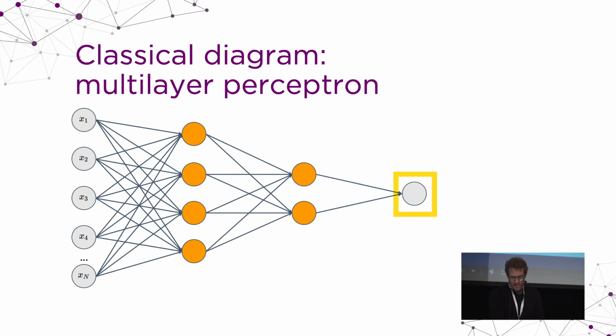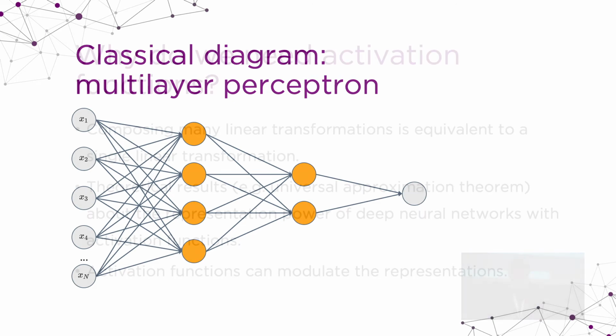And at the end, I have only one neuron to predict, as an example, if it's a chair or not, by combining these 2 values. So this is a multi-layer perceptron. It's one of the most famous artificial neural networks. And this is the classical diagram of how to represent the operation done by this model.